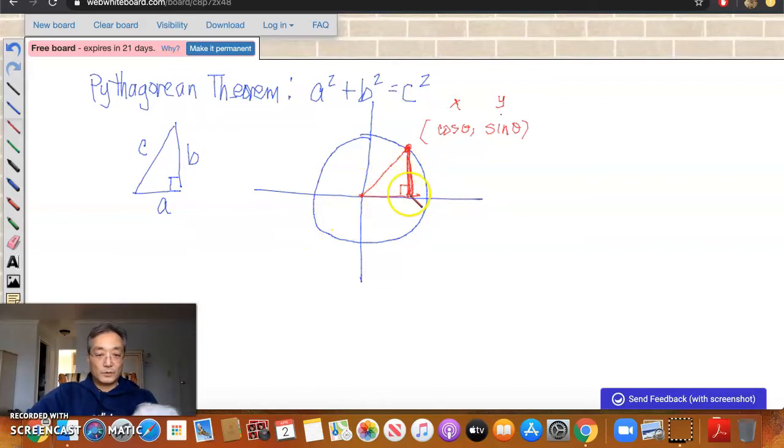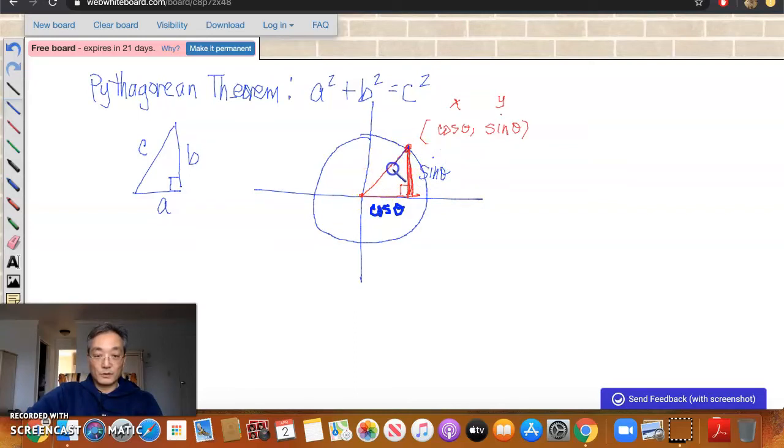So if I label the same thing, x is cosine of theta. Here's cosine of theta, and this is sine theta.